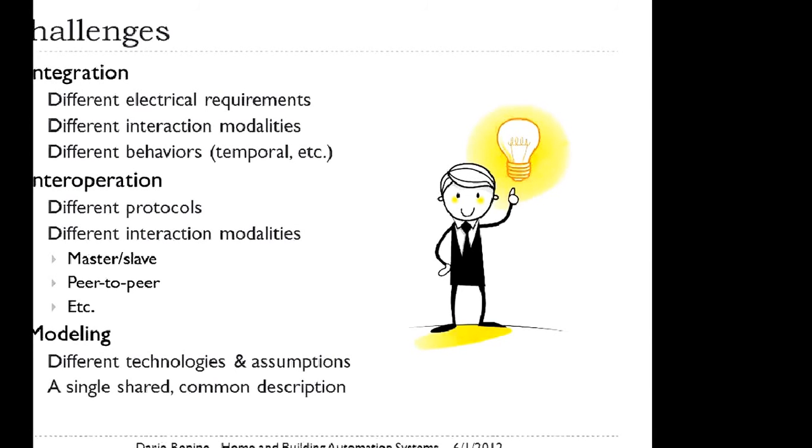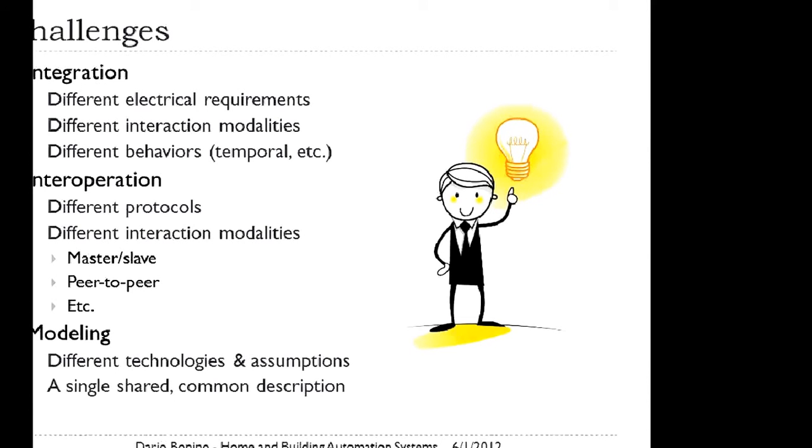Okay? And in that case, we need to also consider the interaction modality. So if I press a button in a KNX system and I want to switch a light in another system, I need to do the proper conversions, not only between protocols, but also between interaction modalities.